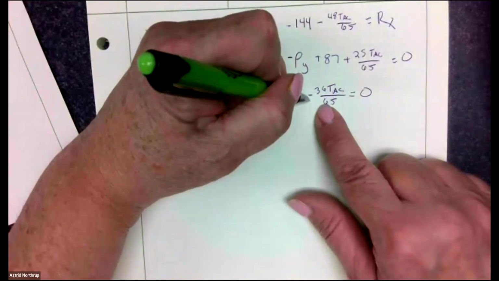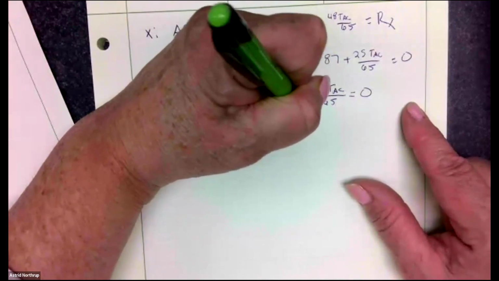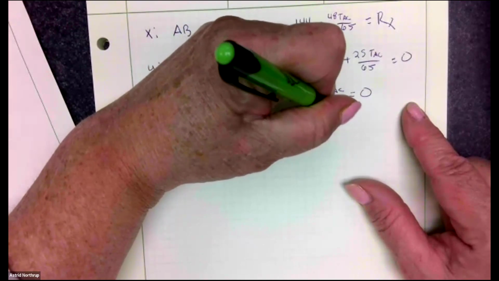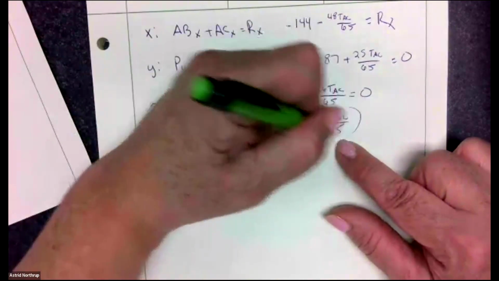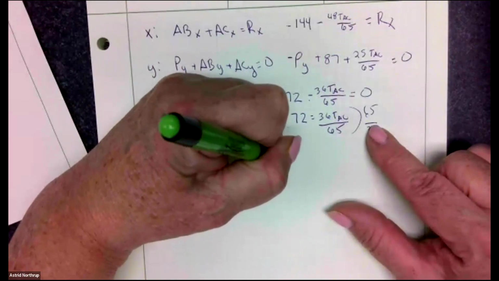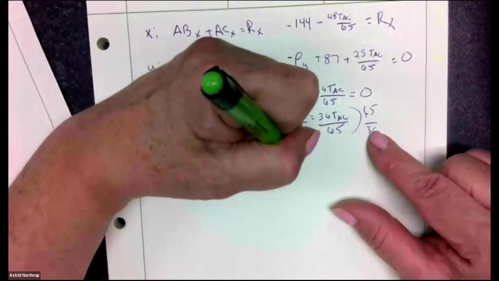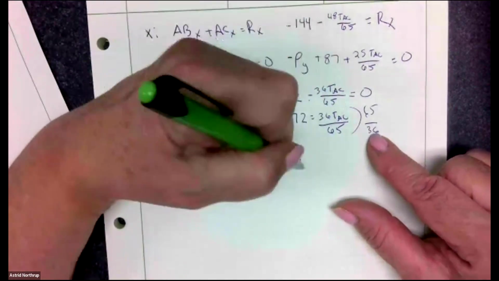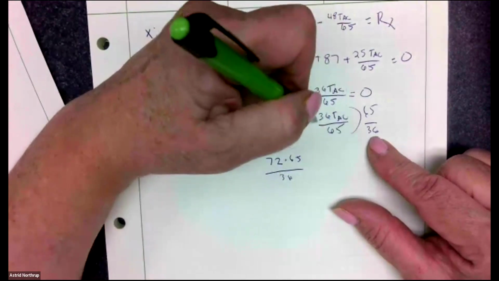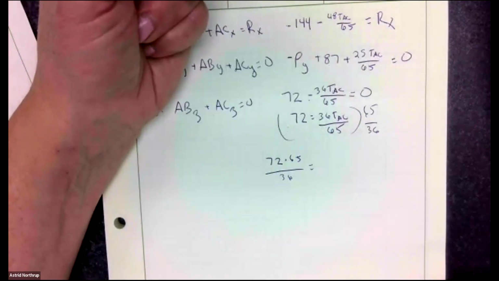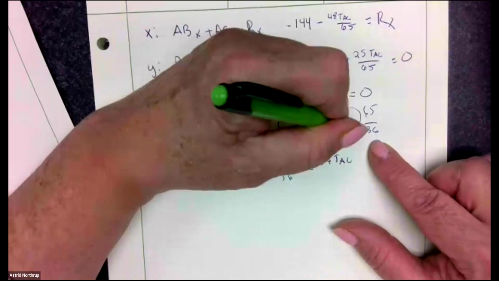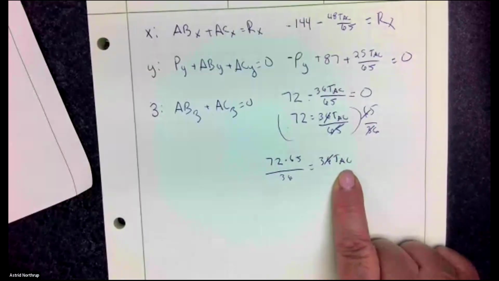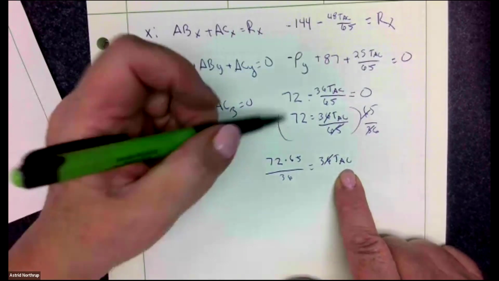Okay, so the first thing I'll do is take this term, the negative, and add it to both sides. So I get 72 equals 36 TAC over 65. Then I'll multiply both sides by the reciprocal, which is 65 over 36. So on the left-hand side, I get 72 times 65 over 36. And on the right-hand side, I get TAC, because the 36 and 65 cancel. All right.